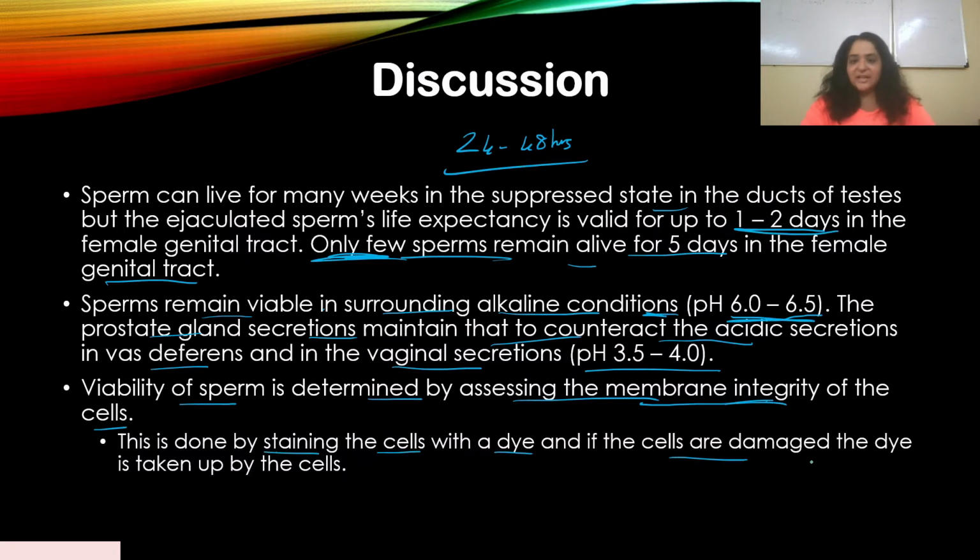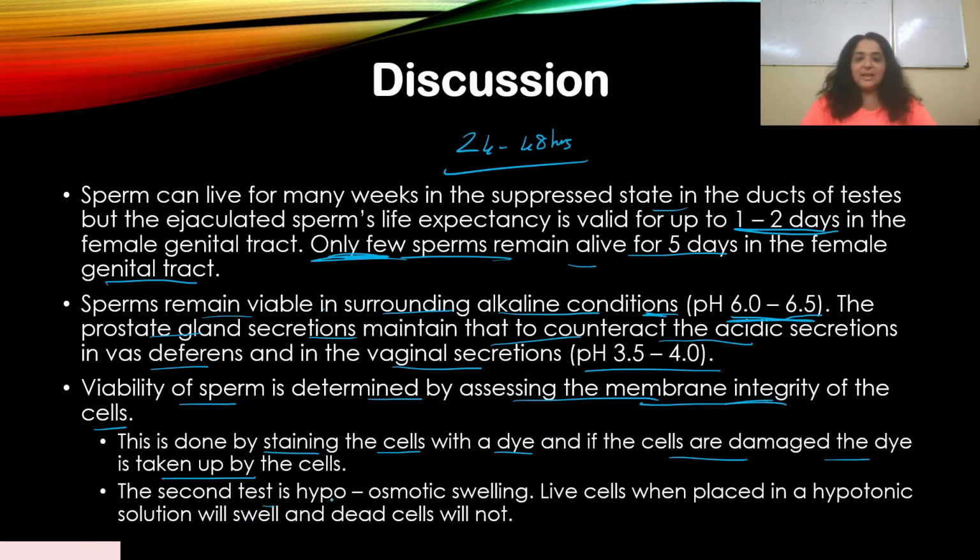If the cells are damaged, the dye is taken up by the cells. So in the lab they stain the sperm cells, and if the cells take up the dye, it means they are damaged, and if they don't, the membrane is still intact. So that is one way.